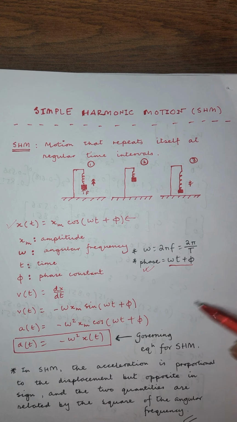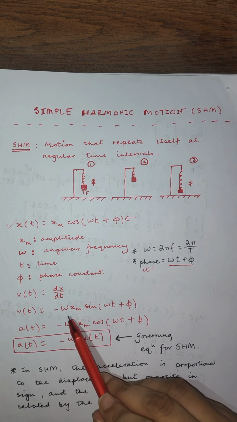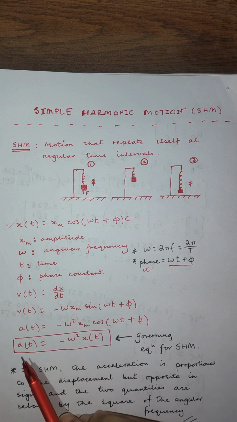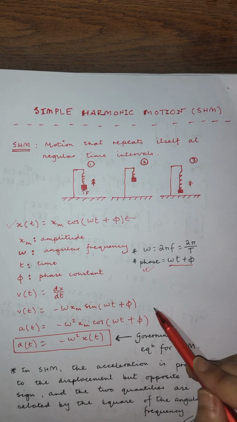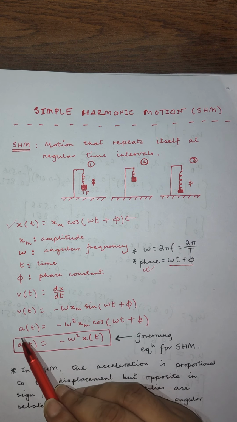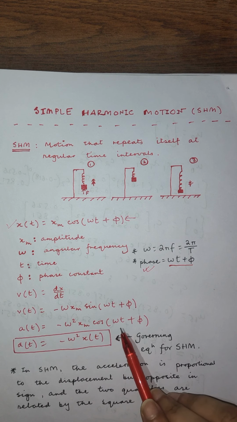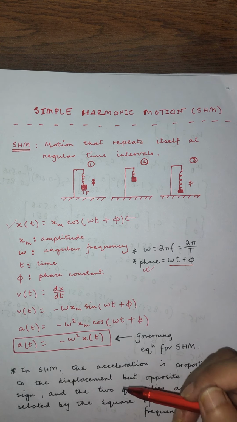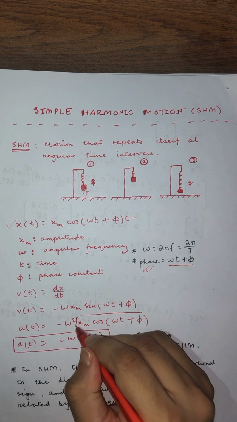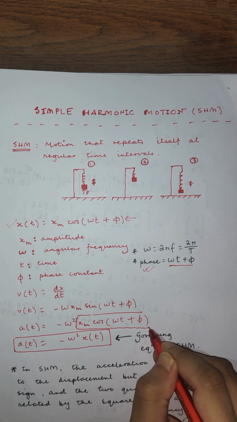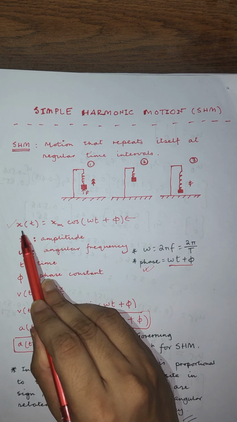Now that I have the velocity, I can differentiate velocity to get acceleration. So if I differentiate this expression, I actually get the acceleration. This is just a basic differentiation, and acceleration turned out to be minus omega squared x sub m cosine of omega t plus phi. Note that this thing right here is the displacement x.